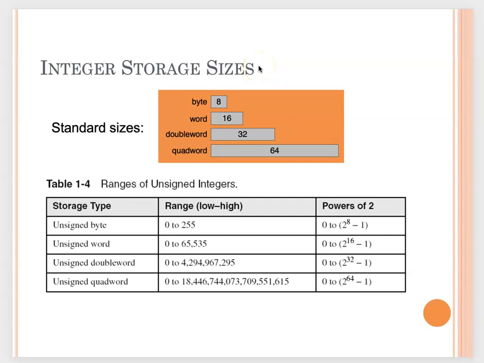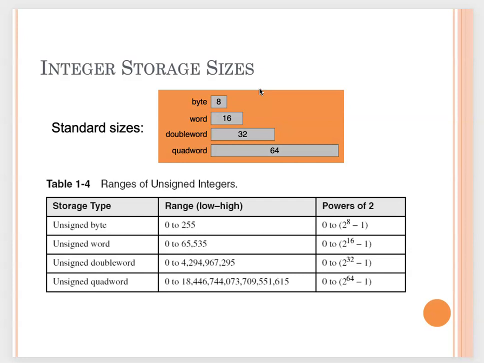In the previous two videos, we introduced binary numbers and hexadecimal numbers. Now, according to the size of the memory location, remember before in C++, we told you one integer will occupy 4 bytes, and a double will occupy 8 bytes.